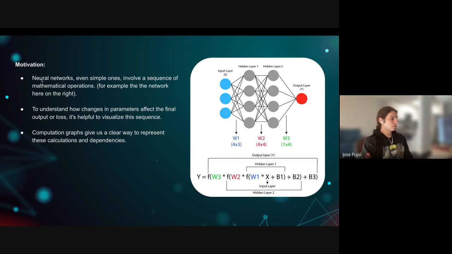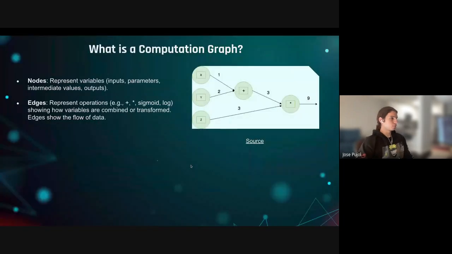So you understand that neural networks, even simple ones, are really like a sequence of operations, right? You have your input layer, you calculate this first, and then you send that to this sequence of calculations, and you send that to this sequence of calculations. So you can represent that with something called a computation graph, where the nodes represent your input variables, and the edges will be operations.